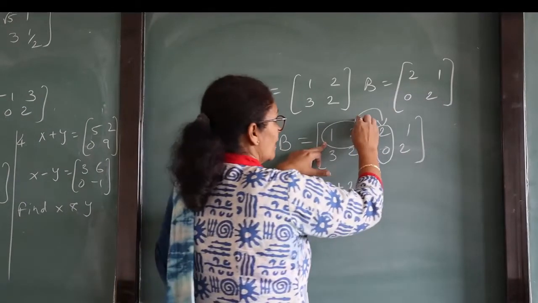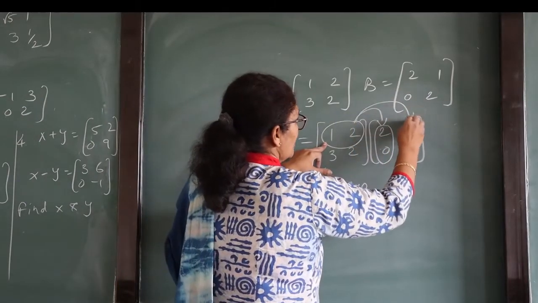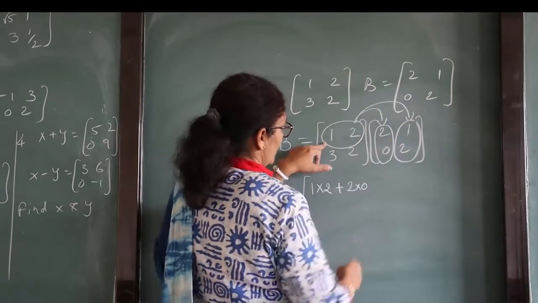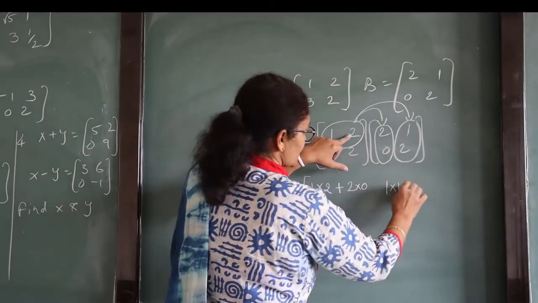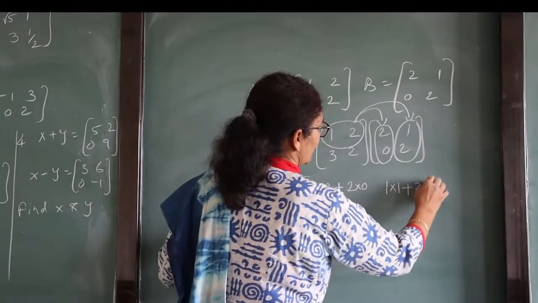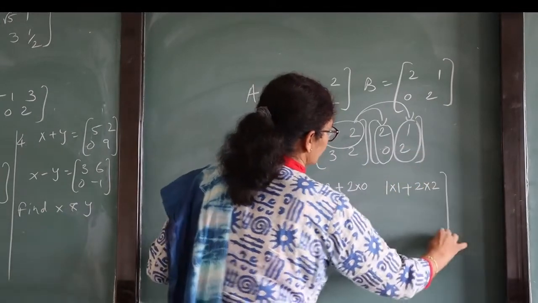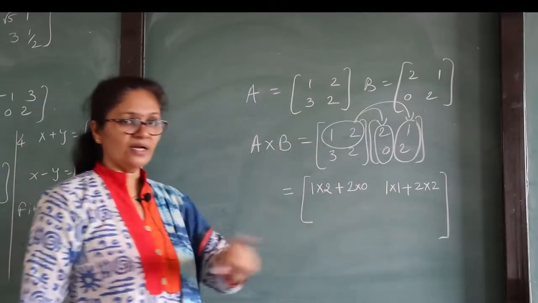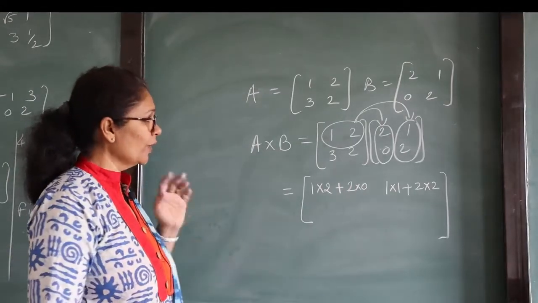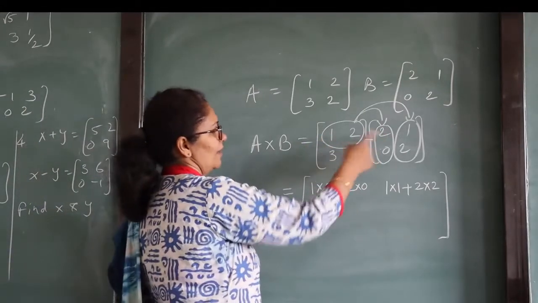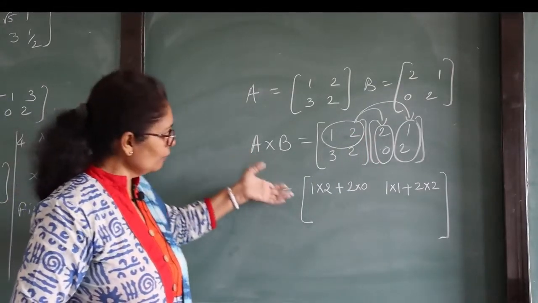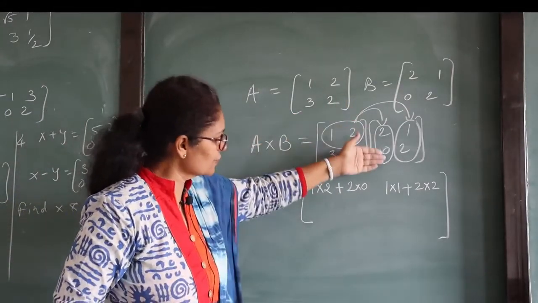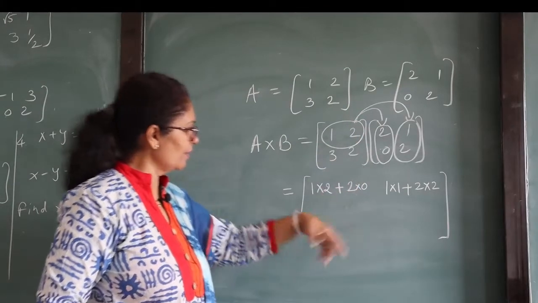Now the same thing we follow with the second column. So 1 into 1 plus second with second, 2 into 2. This way what you get is your first row. You cannot multiply directly first element with first, second with second, third with third, fourth with fourth. No, we have to multiply first row with first column, you get the first element.